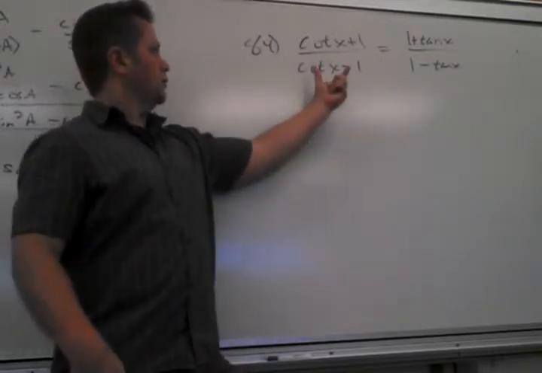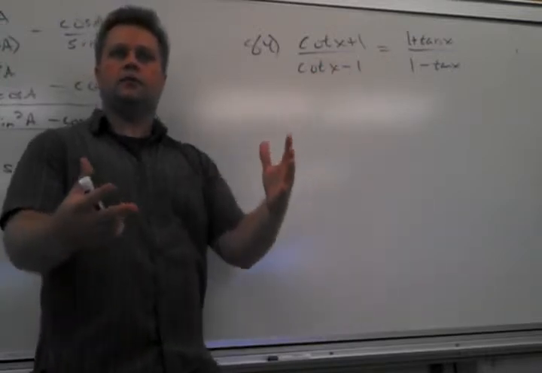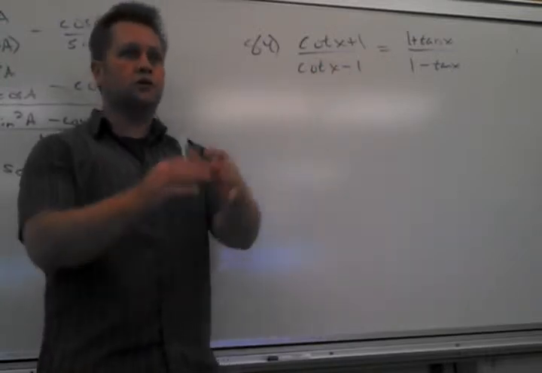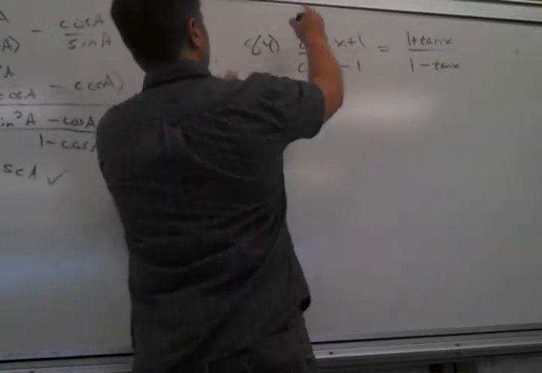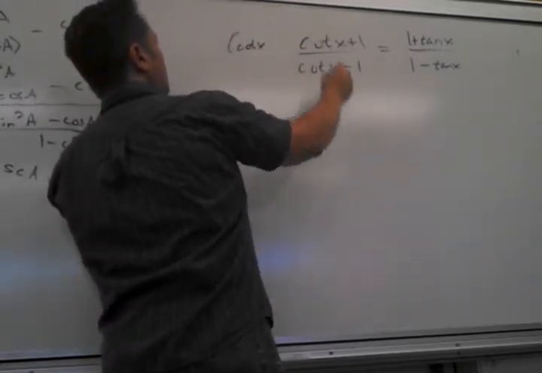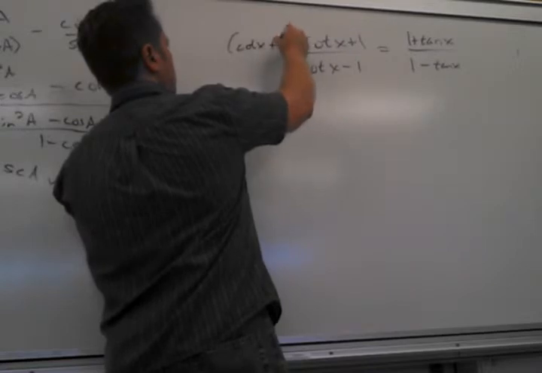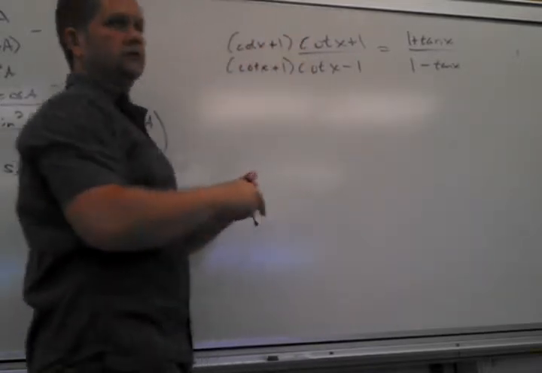So I think the most immediate thing most of us would do is just multiply by the conjugate. There's definitely an identity with cotangent squared in it. So if you multiply this by its conjugate, cotangent x plus 1, it doesn't really matter whether you do the top or the bottom.